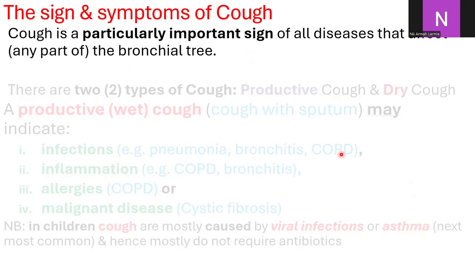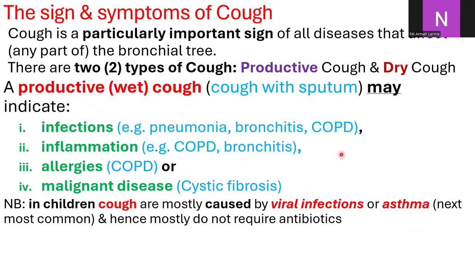So, for example, cough is described as a particularly important sign of all diseases that could affect the respiratory system. And there are two types of cough. And these two types of cough help point us in a direction of what diseases could be present in the respiratory system.